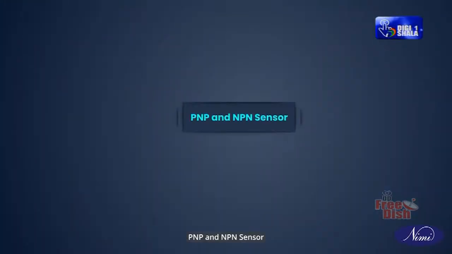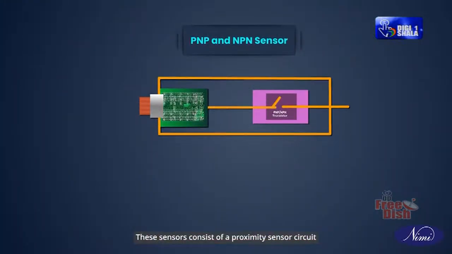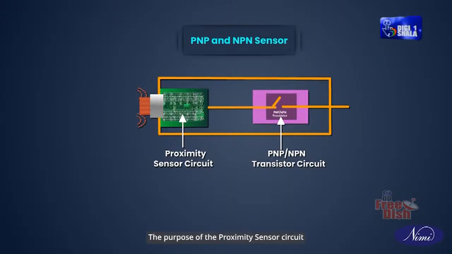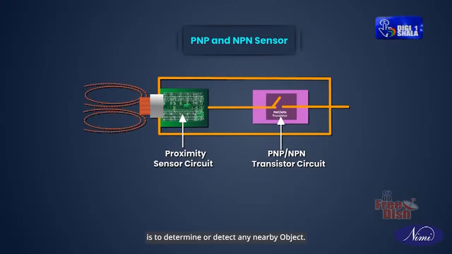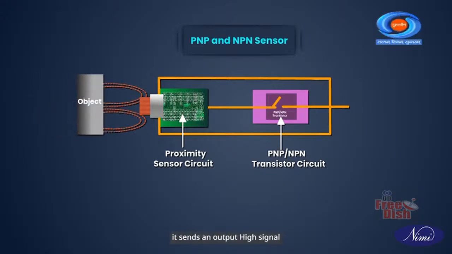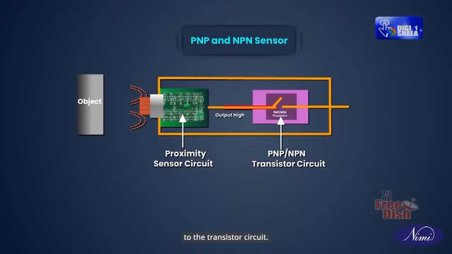PNP and NPN sensor. These sensors consist of a proximity sensor circuit and a PNP or NPN transistor circuit. The purpose of the proximity sensor circuit is to determine or detect any nearby object. When the sensor circuit detects an object, it sends an output high signal to the transistor circuit.